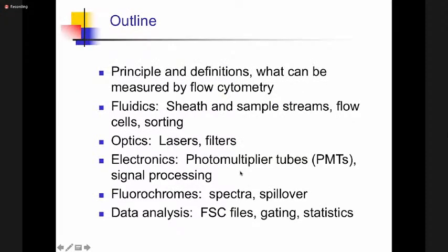And the outline or the teaching outcome, by the end of this lecture, you should be able to know the principle of flow cytometry and some working terms, definitions of terms which are going to come. And basically, I've mentioned to you what can be measured by flow cytometry. So where would this flow cytometry be important to you as somebody who is doing a medical course?